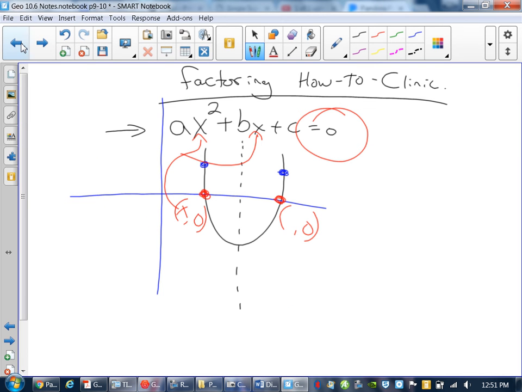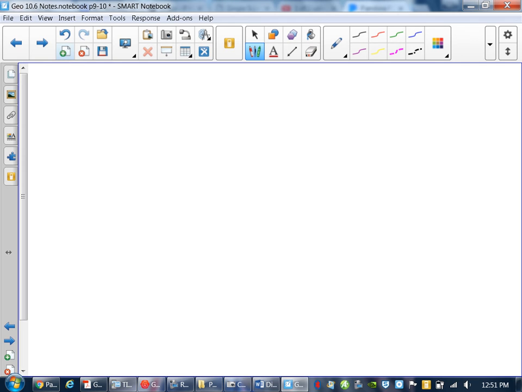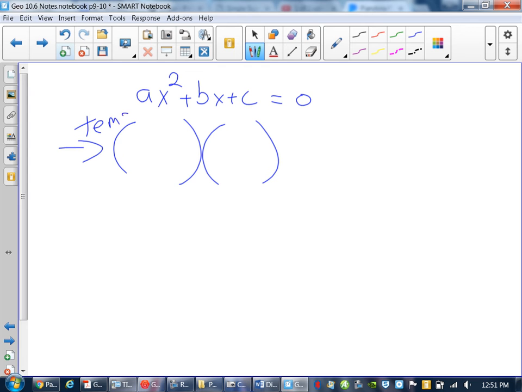You could graph these equations all day long, figure out where they cross the x-axis, but it's a pain in the butt. It really is not any fun to do at all. But if we understand the idea that, hey, I can take a trinomial and turn it into what are called terms, x, there could be plus something, it could be a number in front, whatever.